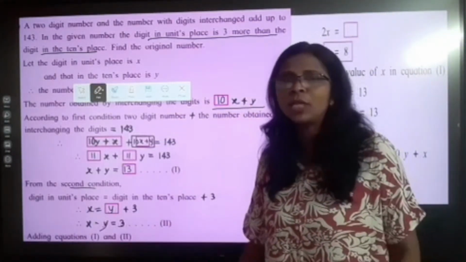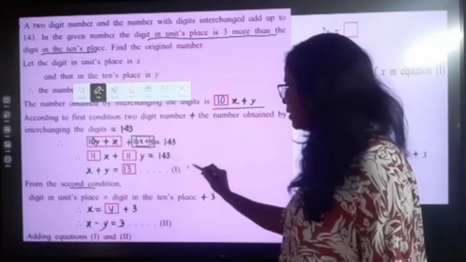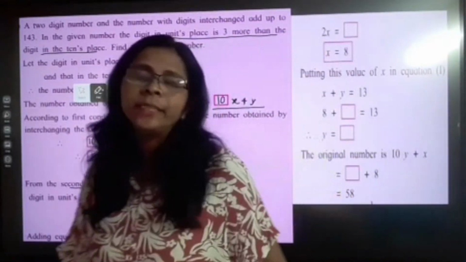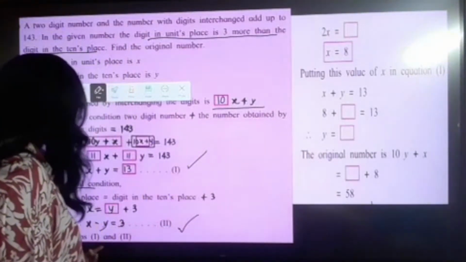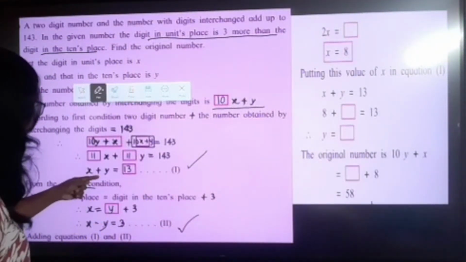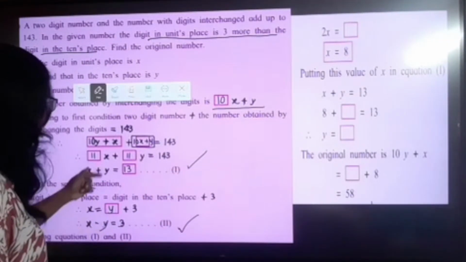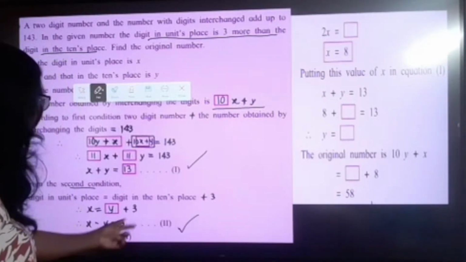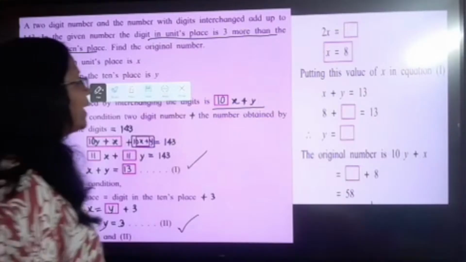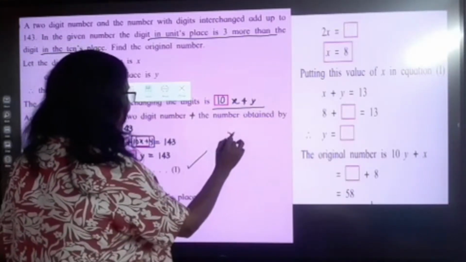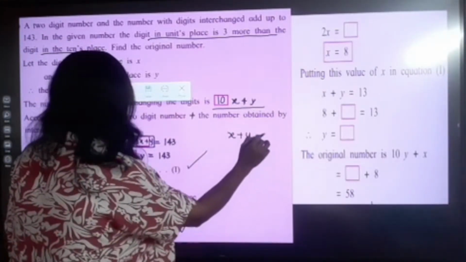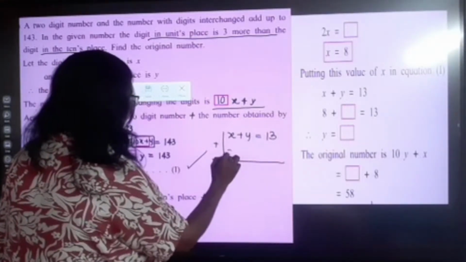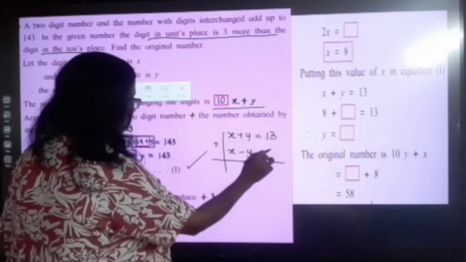So now students, we have the first equation and the second equation. Now let us solve it. Adding these two equations, because here is plus y and here is minus y, the y gets cancelled. Adding equations 1 and 2, we get x plus y is equal to 13 plus x minus y is equal to 3.